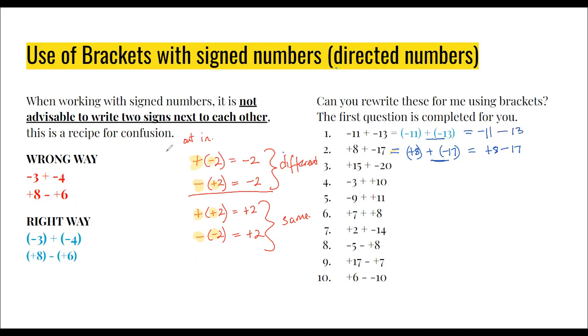So you go back here each time, and you look at what you're seeing. There's a plus and a minus, I use a minus. If there's a minus and a plus, I use a minus. Once they're not the same, they're not matching, then it's going to be a minus. If they're the same, like a plus and a plus or a minus and a minus, then we get a net sign, a positive net sign.